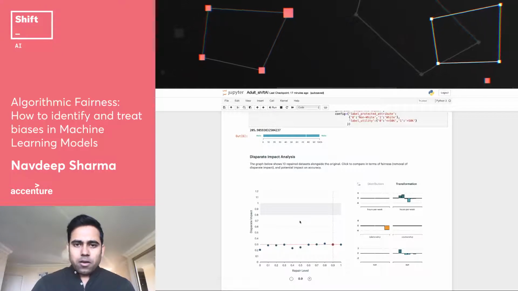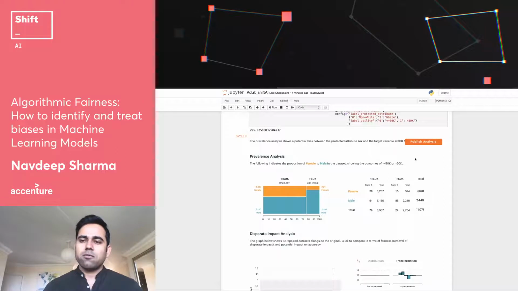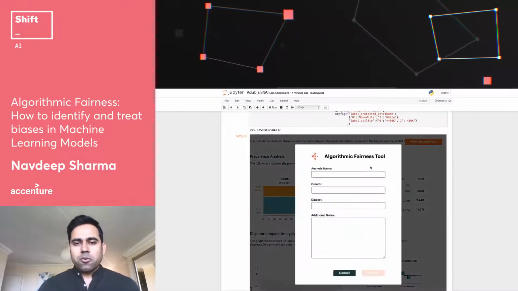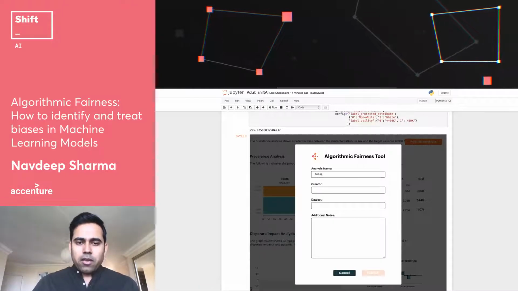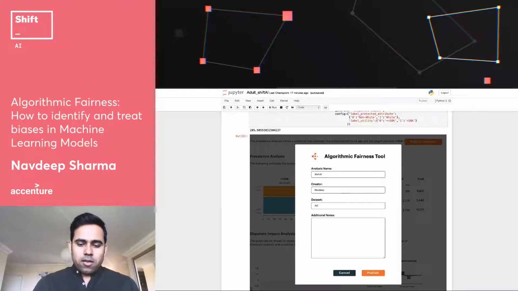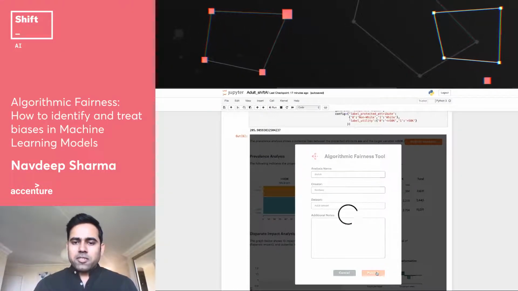So these are basically the reports being generated using the visualization of the tool. Then you can publish these reports, call it any name, adult dataset, and you publish the reports.